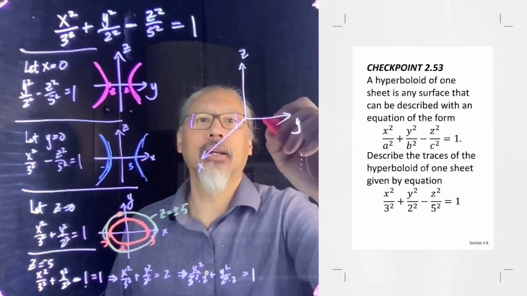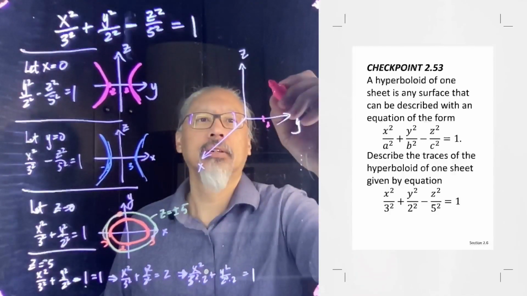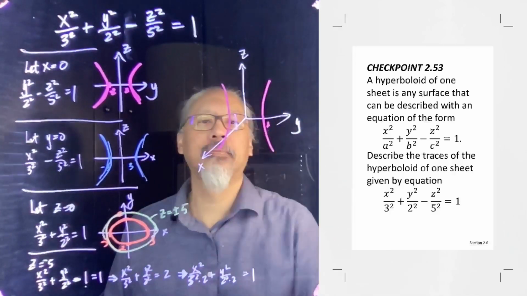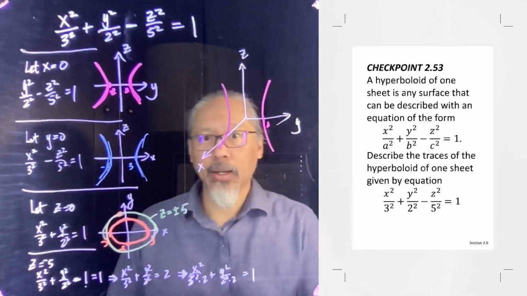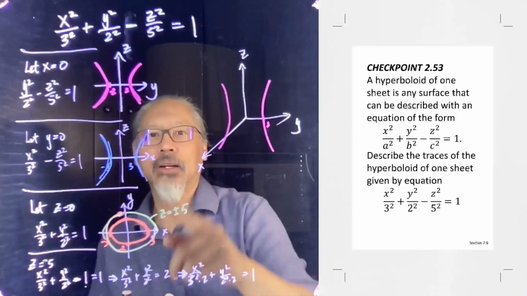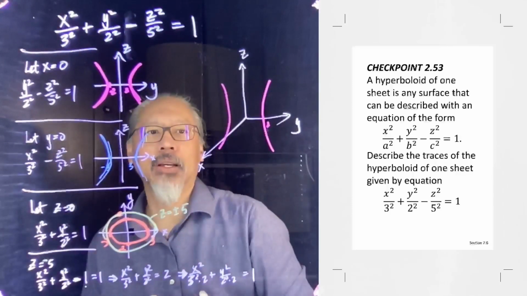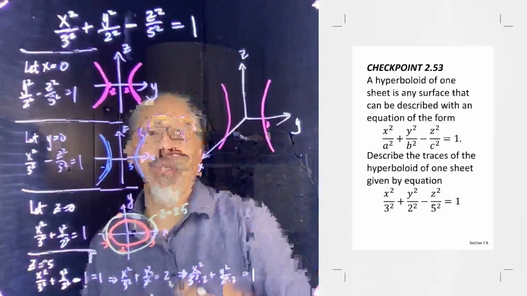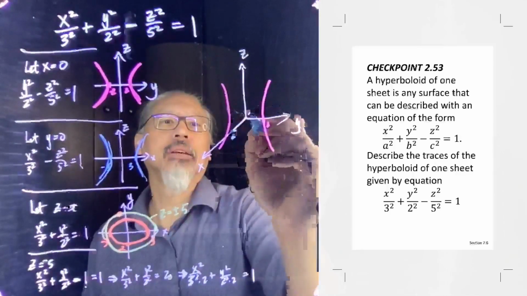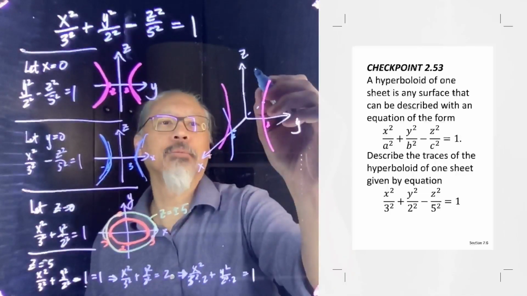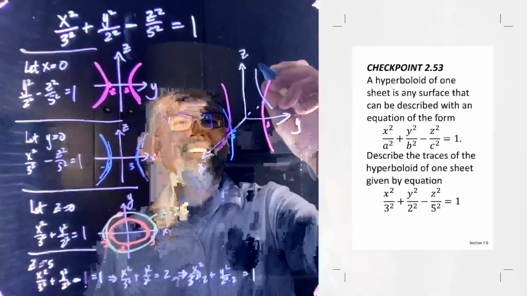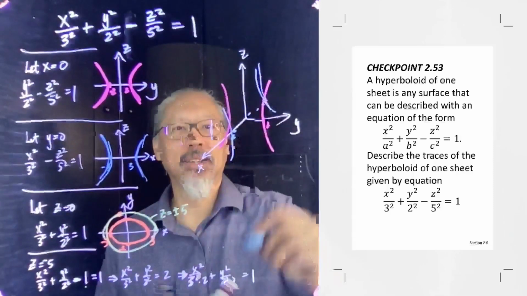On the yz plane, this crosses at 2, and you'll get some sort of hyperbola shape like that. Now this is a little bit more difficult to draw because it's now tilted, but on the xz plane here at 3, I would get another set of hyperbolas.